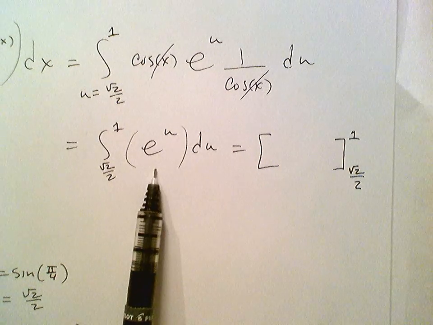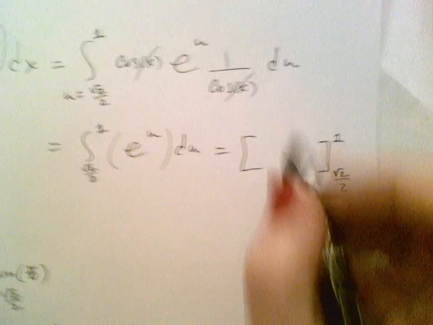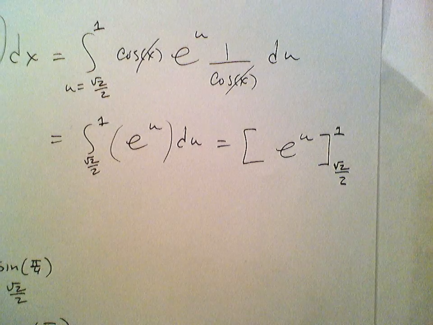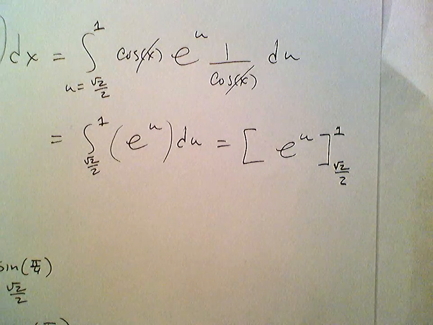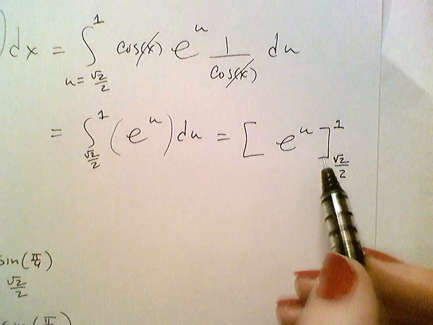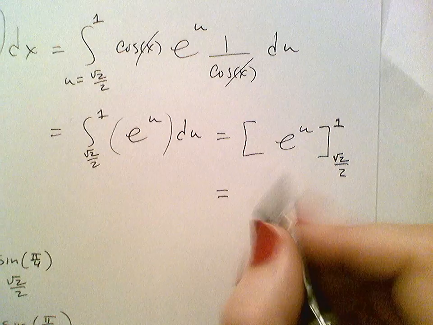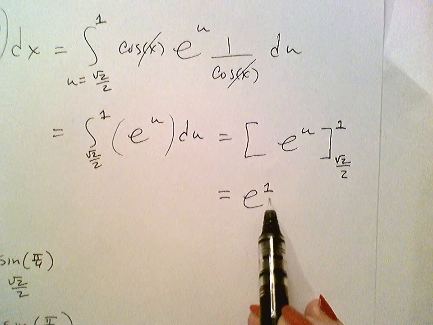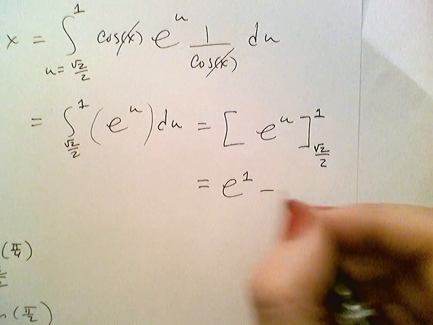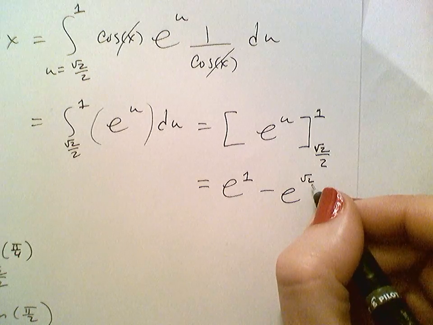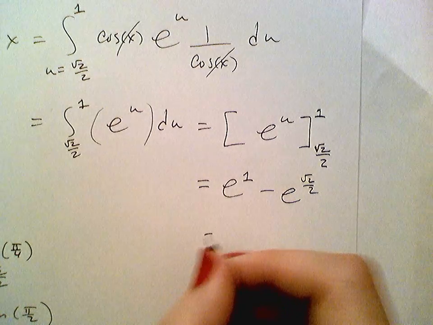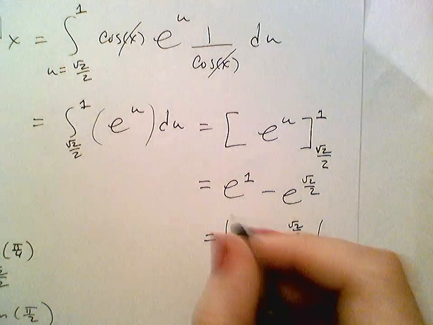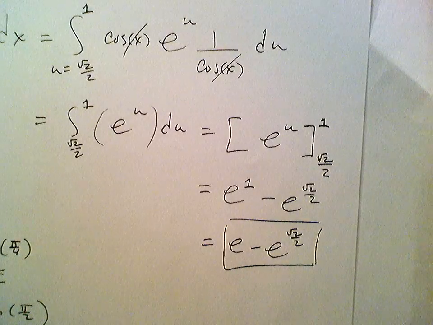The antiderivative of e to the u is simply e to the u. e to the blank, that's the function where its derivative is the same and its antiderivative is the same. And then the way that this works is that I do e to the 1. These are values of u now, so I can plug them in. So e to the first minus e to the radical 2 over 2. So e minus e to the radical 2 over 2. And that's a number. It's an irrational number, but a number nonetheless.